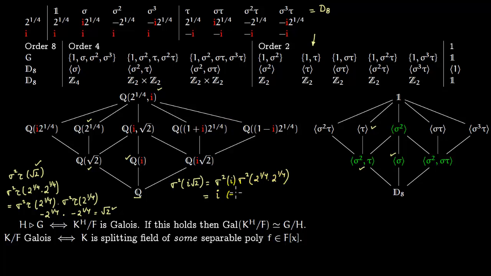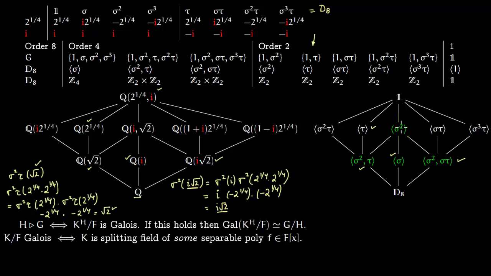So this will be negative 2^(1/4) times again negative 2^(1/4), which will again give you i root 2. Similarly, you can check with sigma tau that this will be fixed. So you can see the correspondence between here and here.